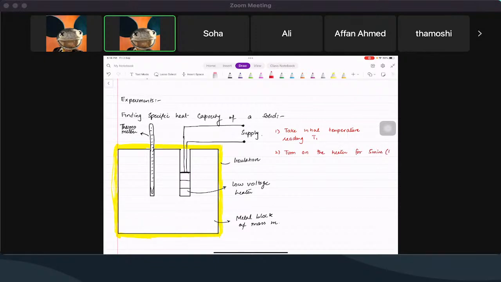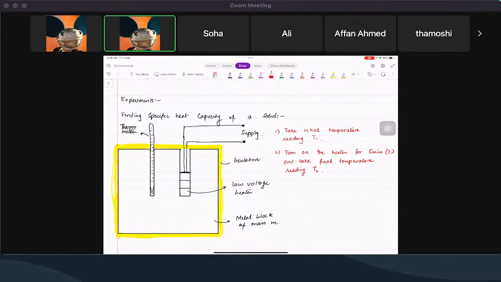Let's call this time T. And take the final temperature reading T2. Is it clear?